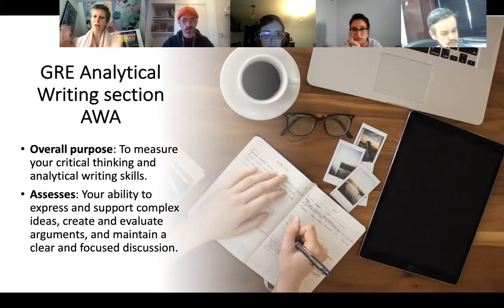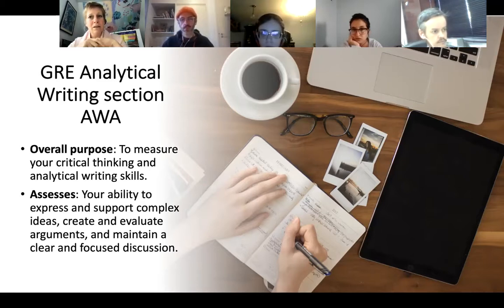And it also assesses your ability to express and support complex ideas, to create and evaluate arguments, and maintain clear and focused discussion. So what that means is you're going to be asked to look at an issue and decide whether you agree or disagree with it.